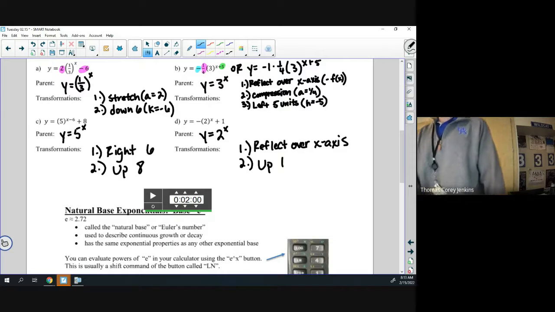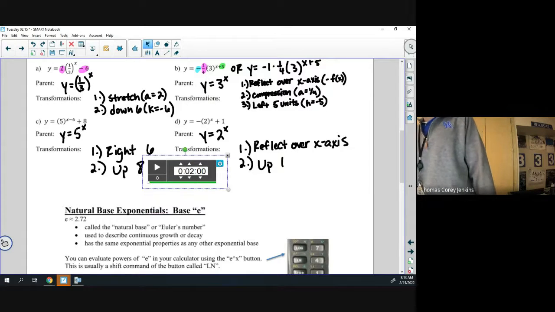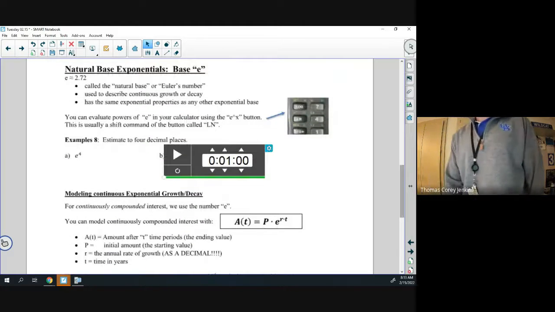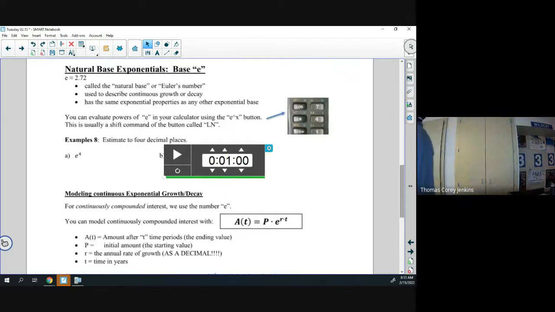Okay, so anyway, let's go ahead and move on to the back side, if nobody has any questions, and talk about natural base exponentials, base e. The base e is something that we'll refer back to once we get into logarithms. That's the next lesson, 7.3.